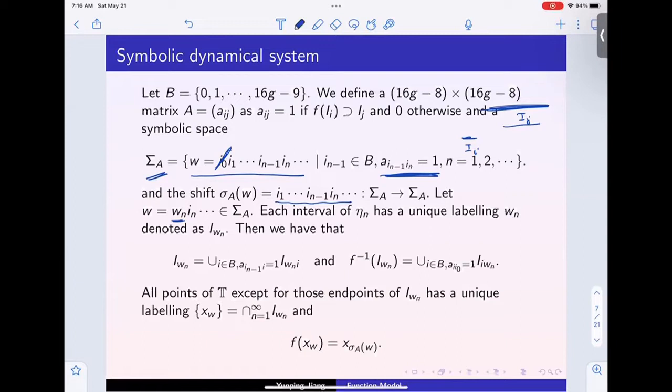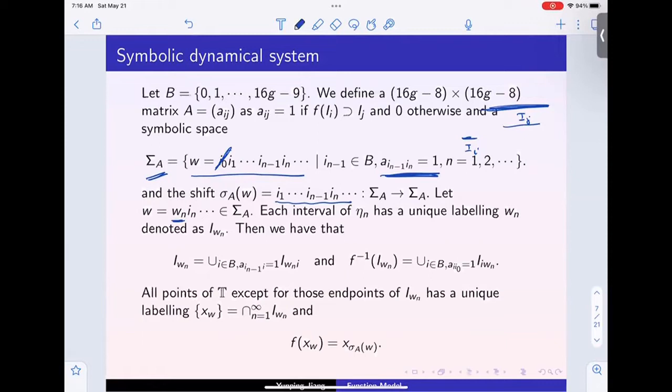Before I just cut, but now I give an address for every interval. So now the key point here is, if you put a digit on the right-hand side of this W_n, then you get a subinterval. If you put a digit on the left-hand side of this W_n, you get a pre-image.